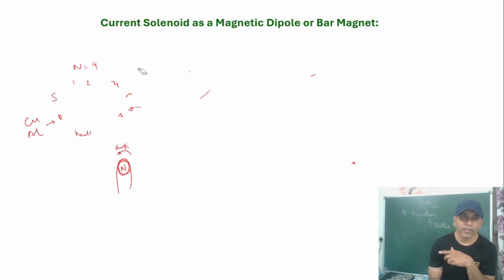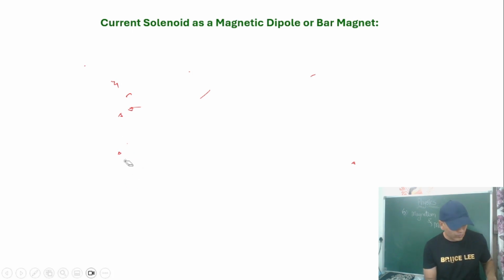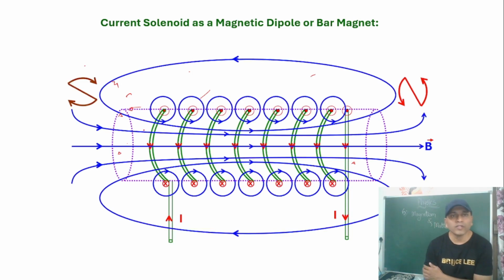Just a moment, I will erase all these things so that we can discuss it actually on this platform. So this is one. You can see that the bar is here. On this bar we are rotating these current wires, forming a solenoid, and this solenoid is behaving like a magnet, generating a magnetic field.